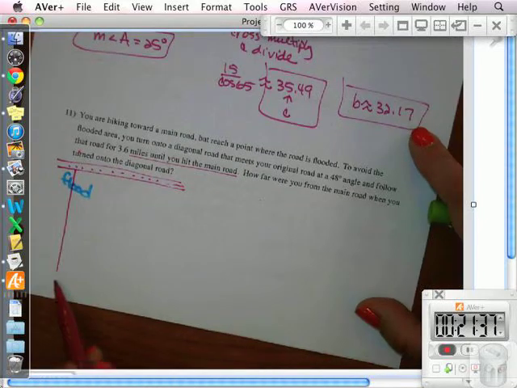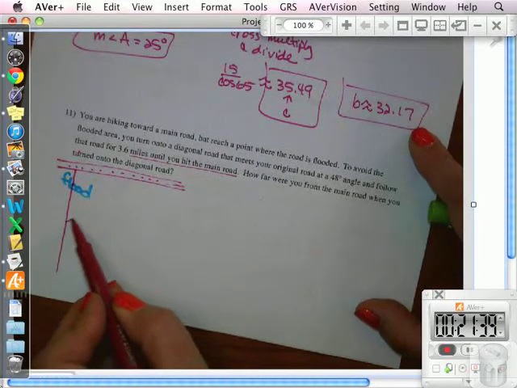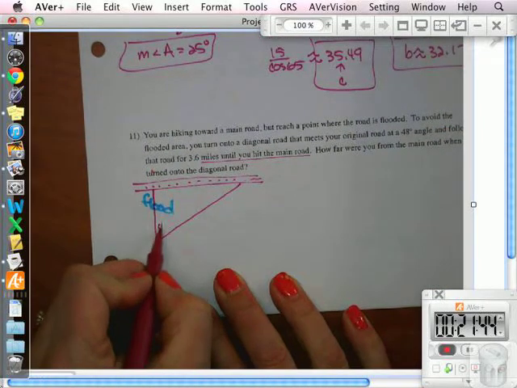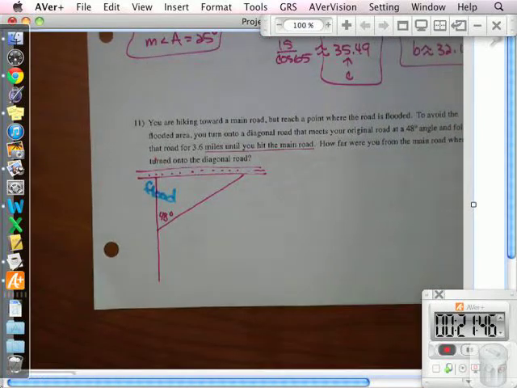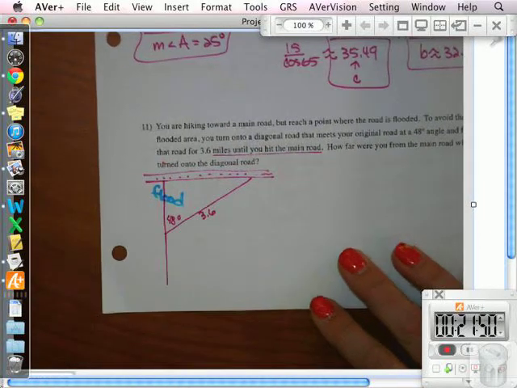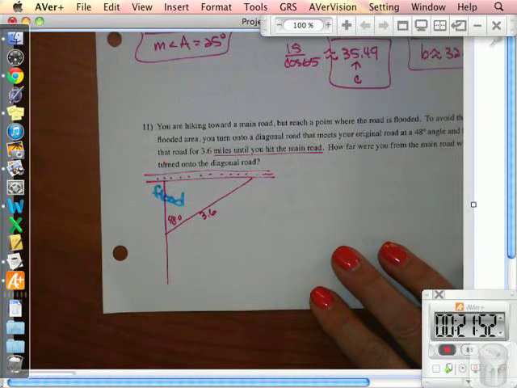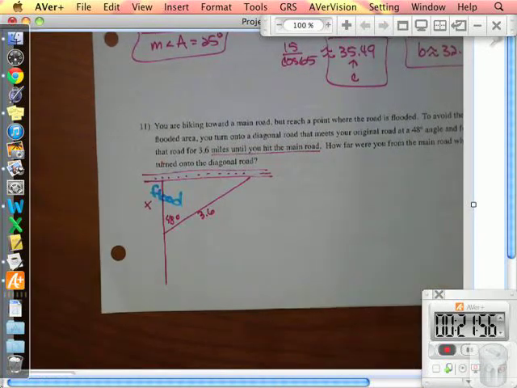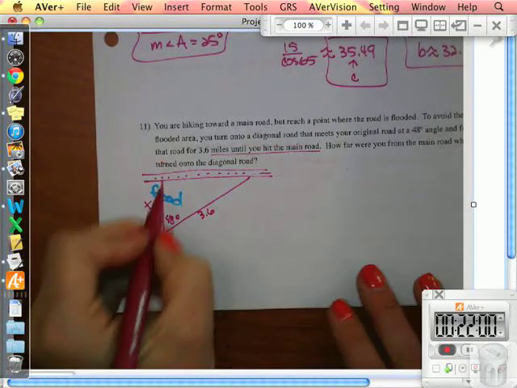So I'm hiking up here, I see a flood, and I turn at a 48-degree angle. And I'm on this road for 3.6 miles. Then I need to know how far I was from the main road before I turned. Oh, look. We have to assume that this is a right triangle.